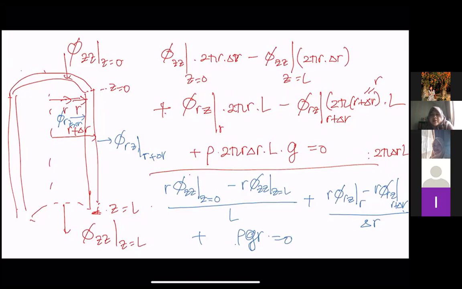There is L over here, this is also the same, it's also L. This one doesn't have the L, but that's fine, we can just divide them by L. And also delta r: there is delta r in here, in here, and in here, so we can divide them by delta r. It's actually what we were looking for, because we're going to take a limit, and for the limit it should be divided by delta r.